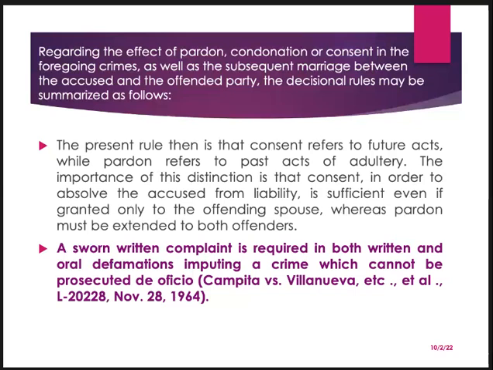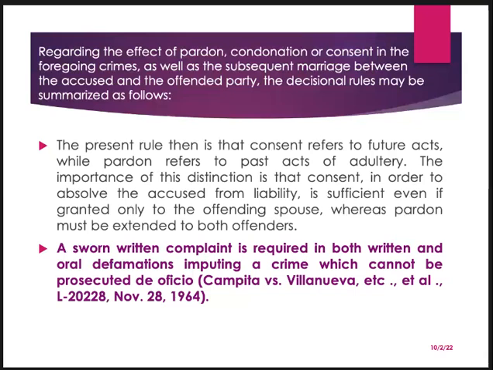Okay? Unya, also, sumpay to sa Rule 110 Section 5 nga a sworn written statement or complaint is required in both written and oral defamations imputing a crime which cannot be prosecuted de officio. Okay? Ang defamation nga gipasabot aning rule consists in the defamation of the offenses nga atong gihisgutan.